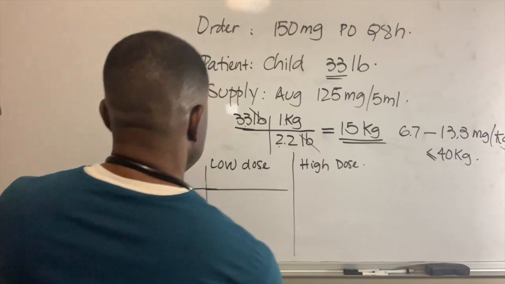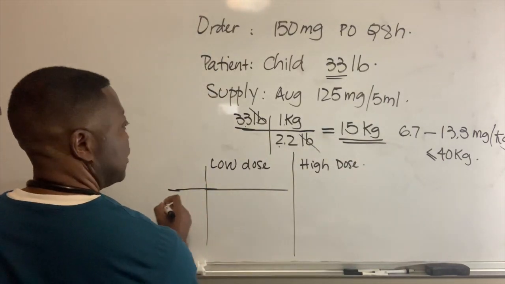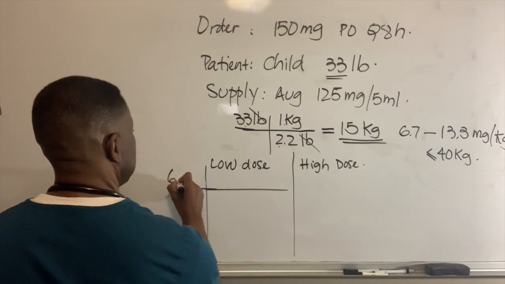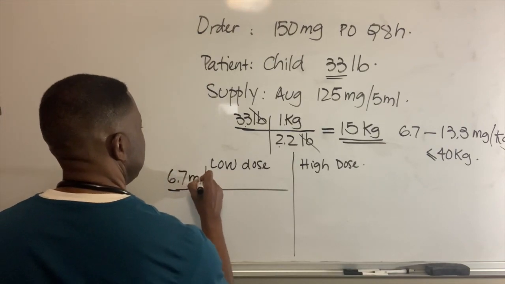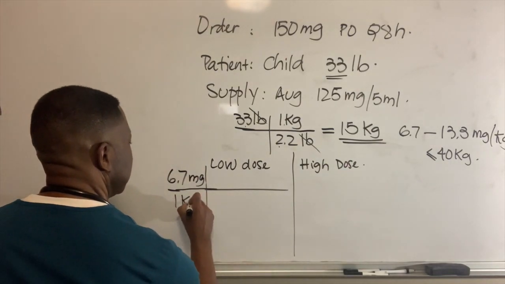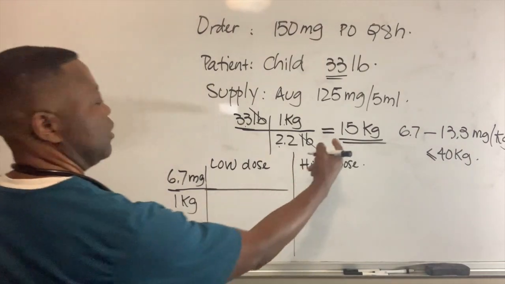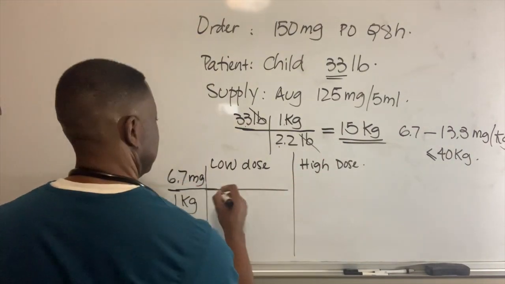Now, what's the low dose? It's 6.7 milligram per kilogram for 1 kilo. What's the child weight? The child weight is 15 kilo.